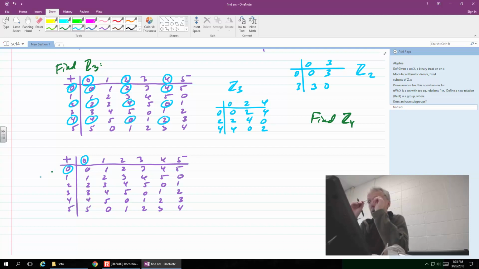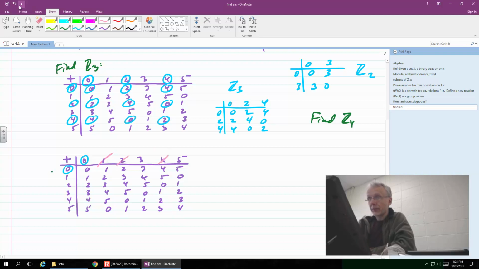Right, so it means it's not 1, because Z4 is supposed to contain 4 elements, so it's definitely not 1. Let me cross it out.